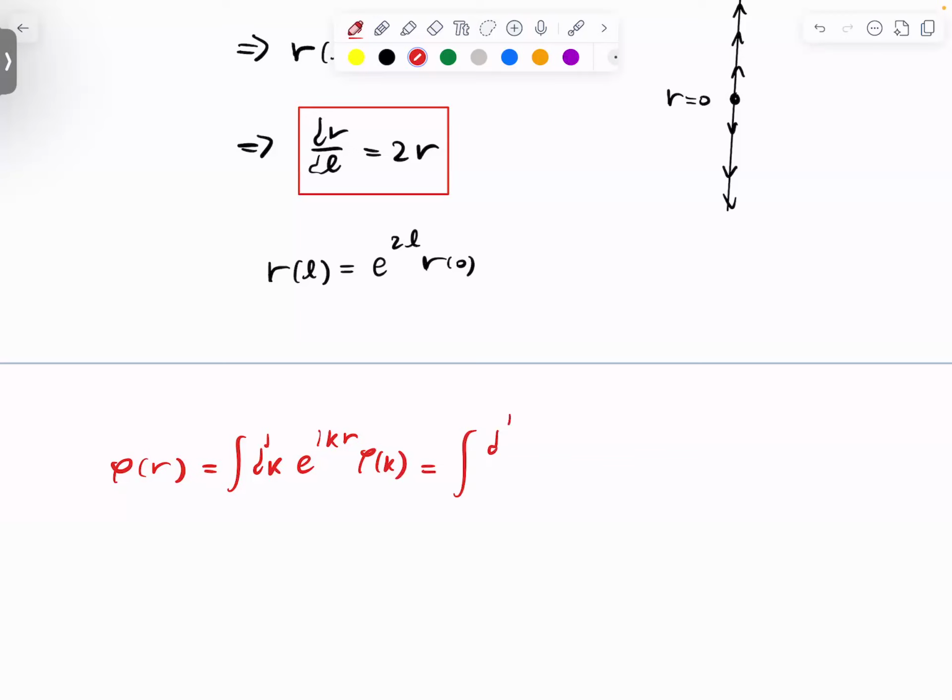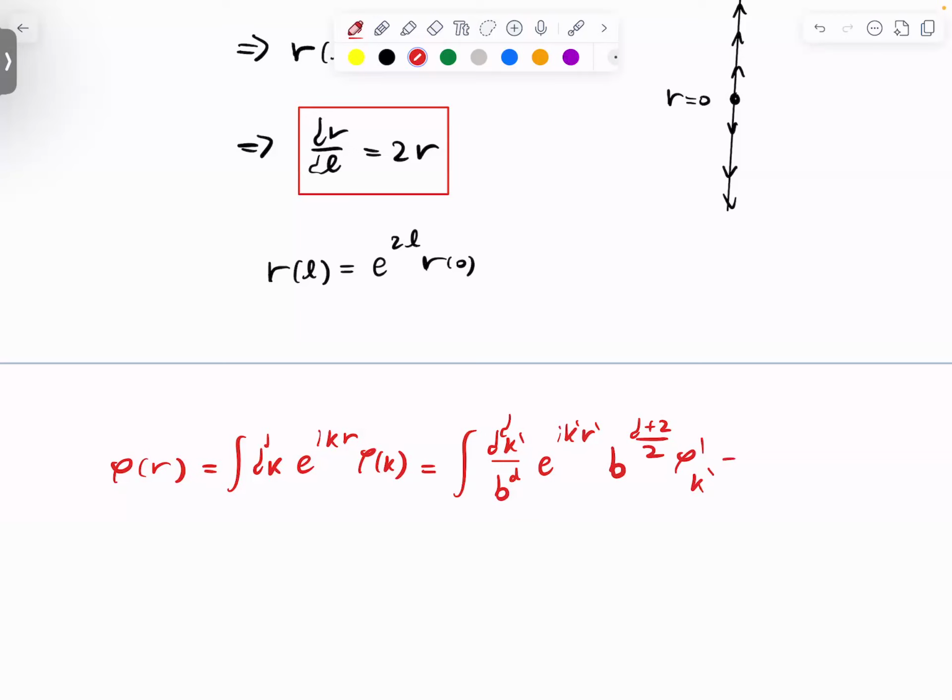So this is like integral d^d k prime over b to the d, e to the i k prime x prime. I rescale both x and k together, and because I'm stretching one and shrinking the other, they compensate for each other. Then I get b to the (d plus 2) over 2 from the field, phi prime of k prime.